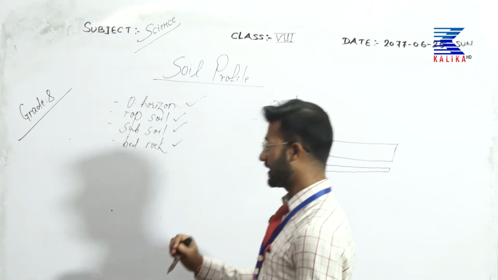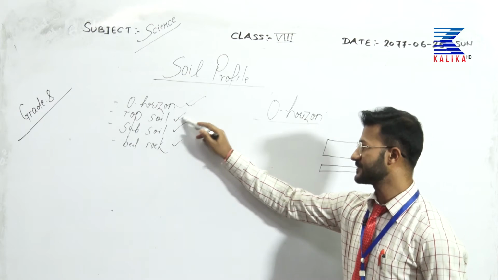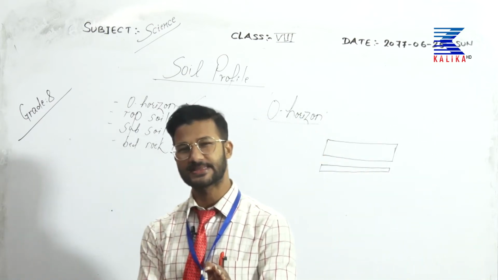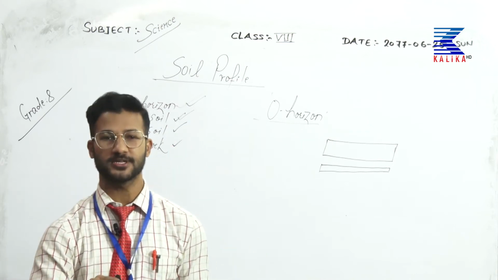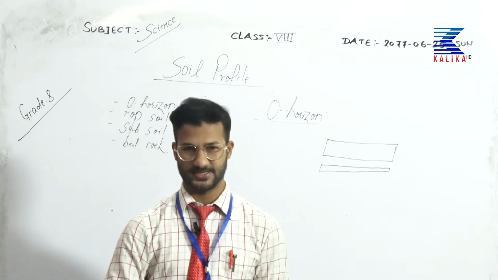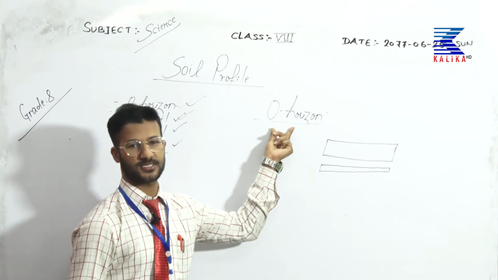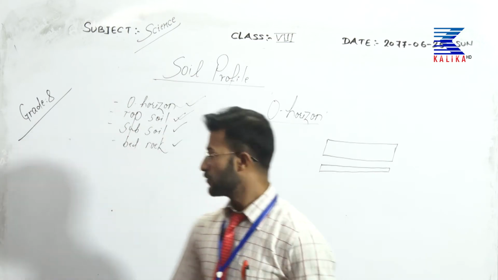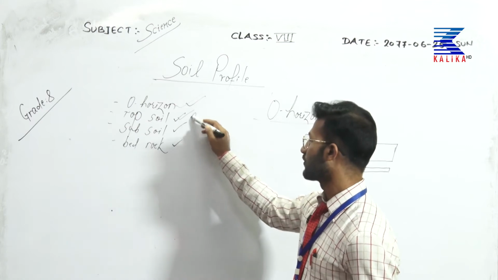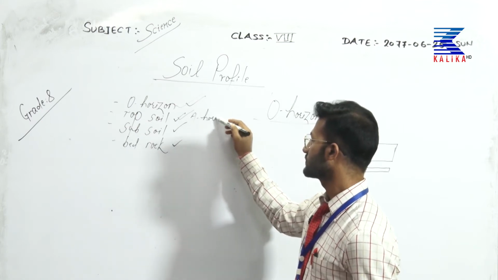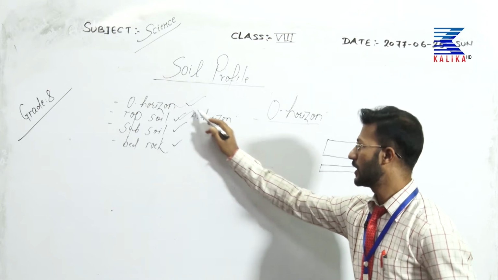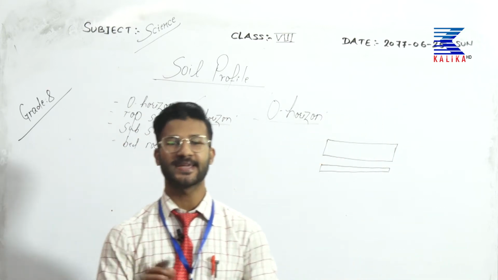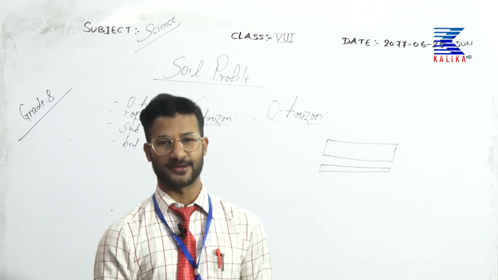The second layer, see, topsoil. Topsoil is the layer that is also present on the uppermost Earth's crust, just touched by O horizon. We also call it A horizon. This topsoil contains a loose layer of soil.